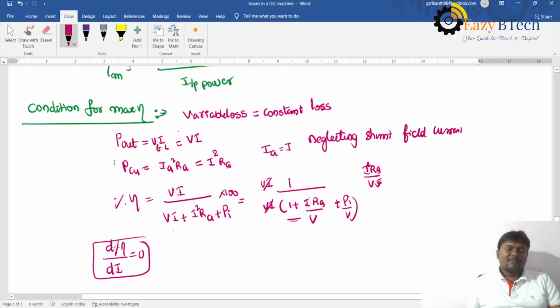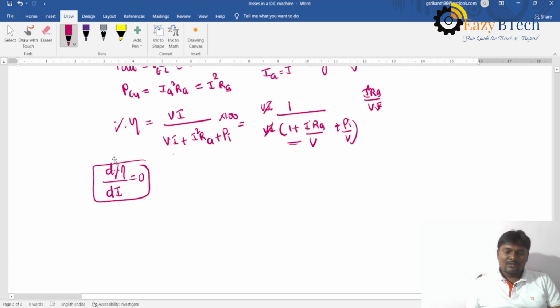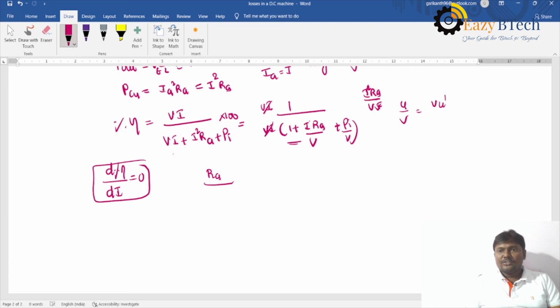If you apply the maximum power transfer theorem, the load resistance is equal to the source resistance. Similarly, in the same way I get the answer that variable loss is equal to constant losses. Differentiate this equation using the u by v method: (v u dash minus u v dash) by v square, equal to 0.